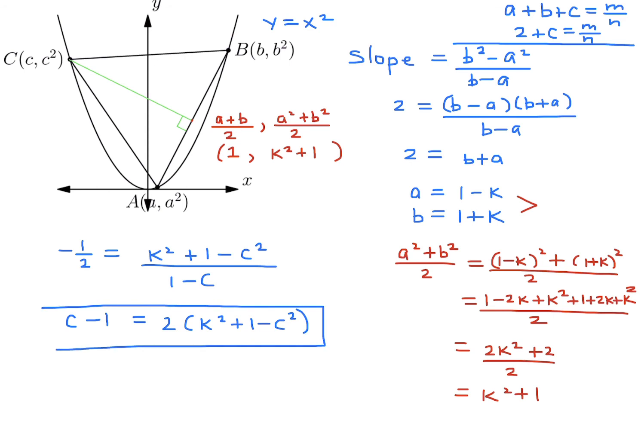All right, I think that's about as far as I can go. I've got 2 variables and we'll use this later. I'll just write "use later." Hopefully I can get another equation with c and k. If I can, then I'll be able to solve for c, and that's exactly what we need to figure out our question. Okay, let's keep going here.